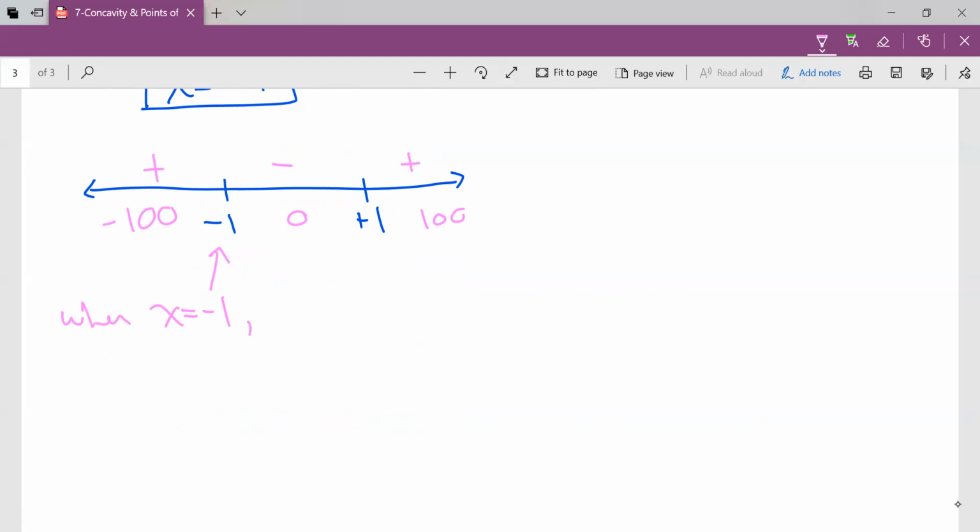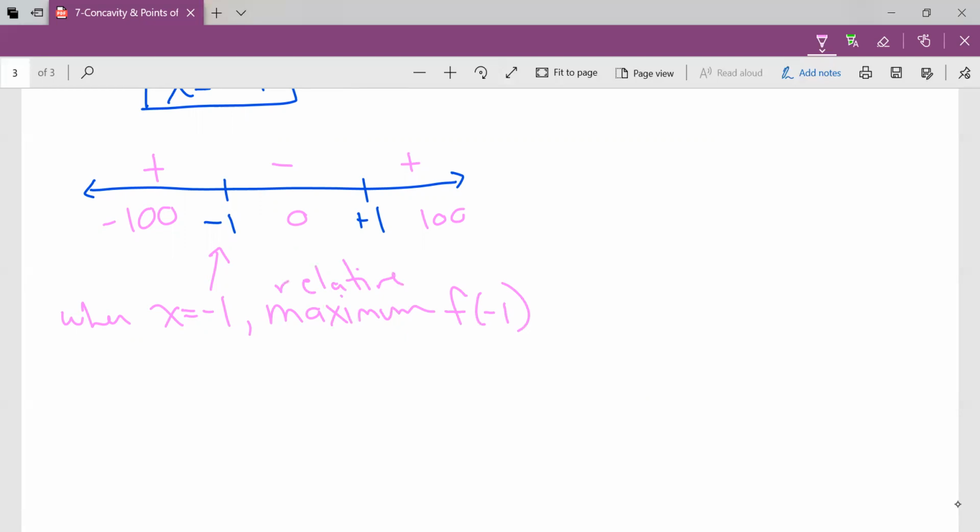We have a relative, or at least something going on, maybe our absolute. We have a relative maximum. I should write that above, a relative maximum, because we go from increasing to decreasing. We have a relative maximum at x equals -1.